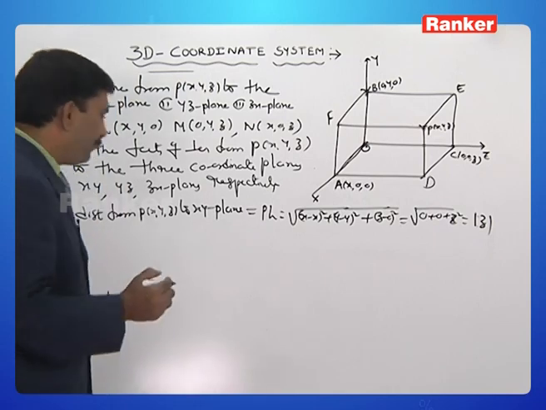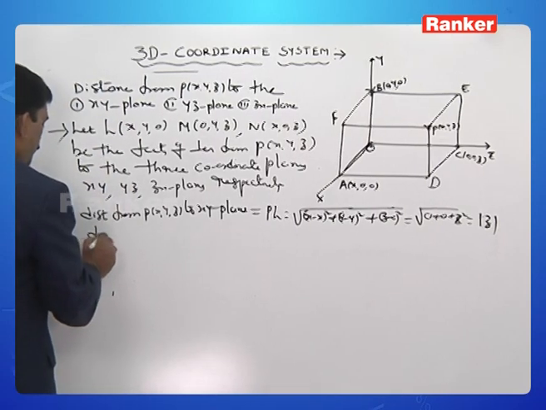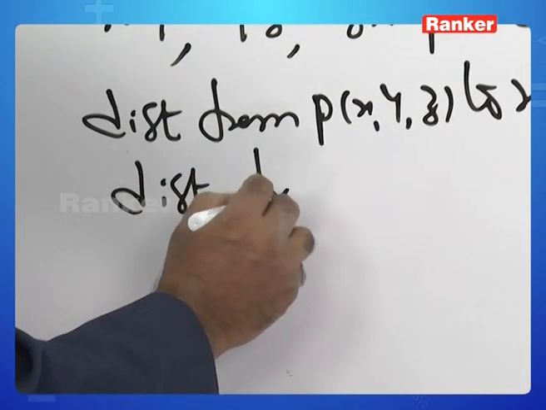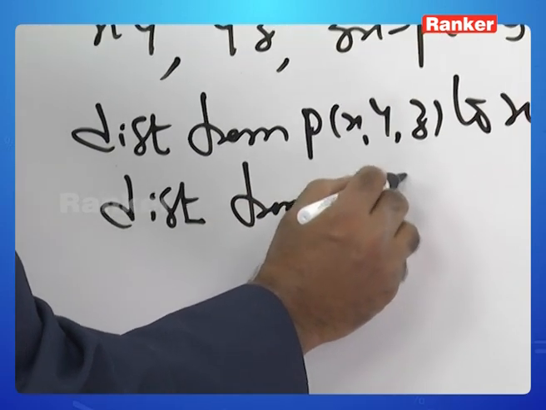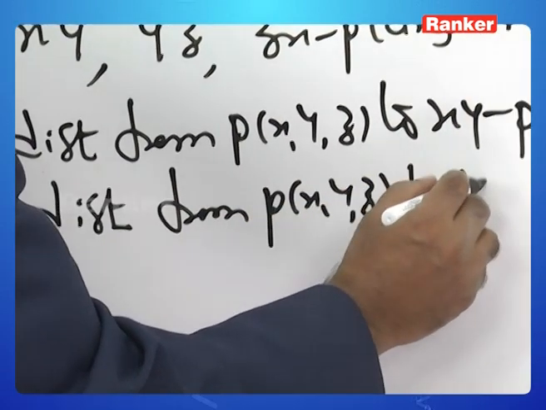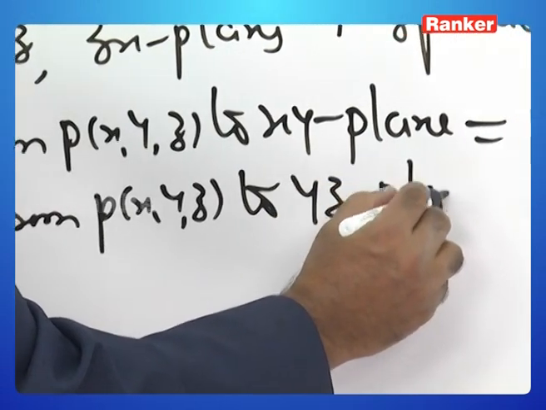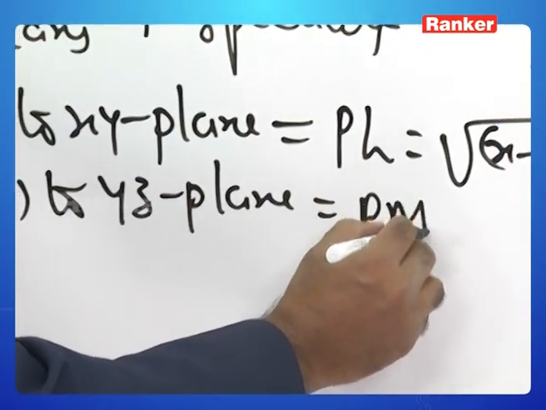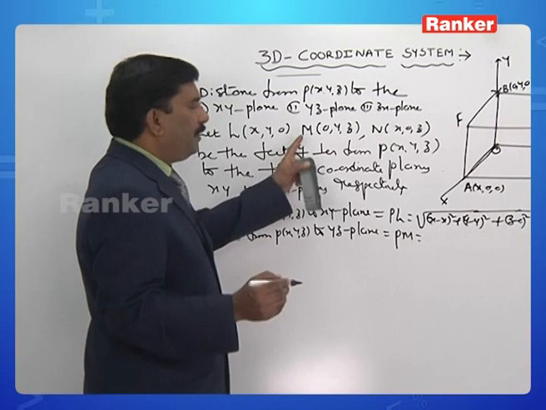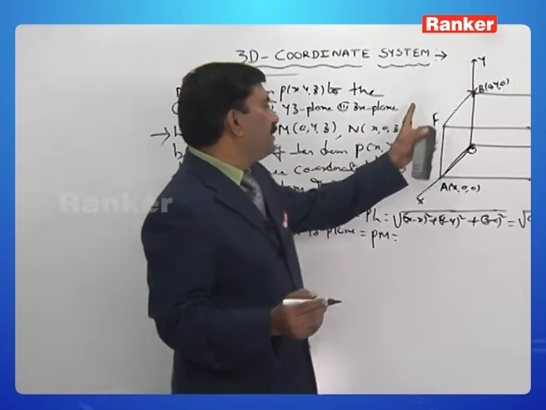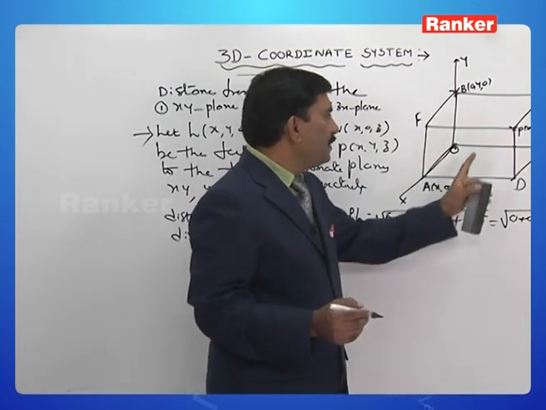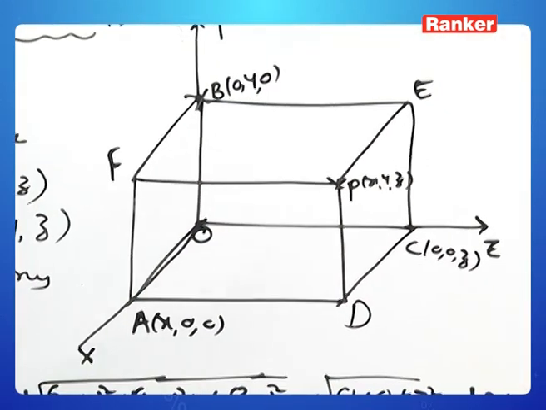Right? Mod z. Next, the distance from P(x, y, z) to the yz plane is nothing but PM. Why? M is defined in the yz plane. This is the yz plane, this is the xy plane, and this is the zx plane.